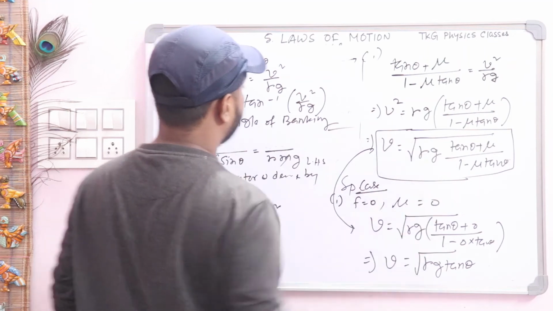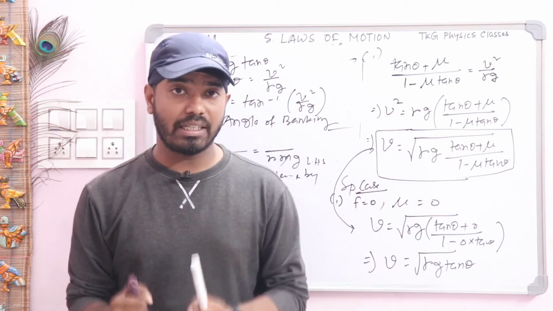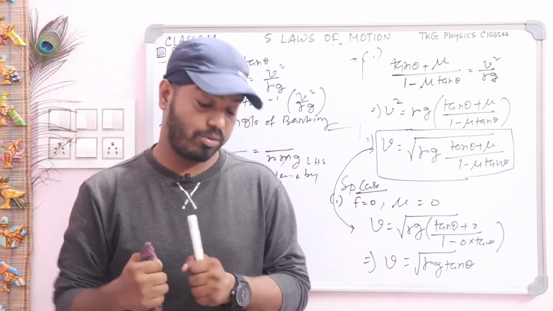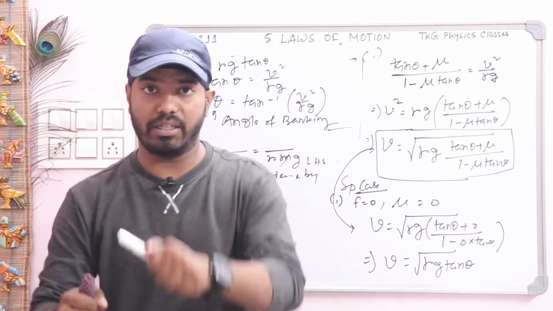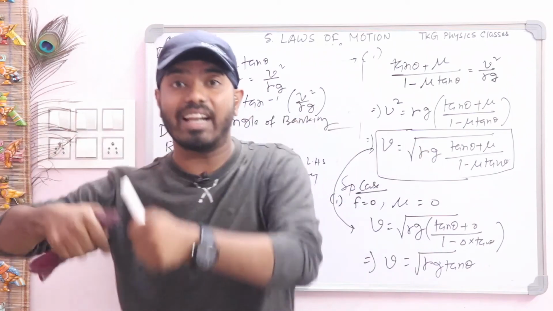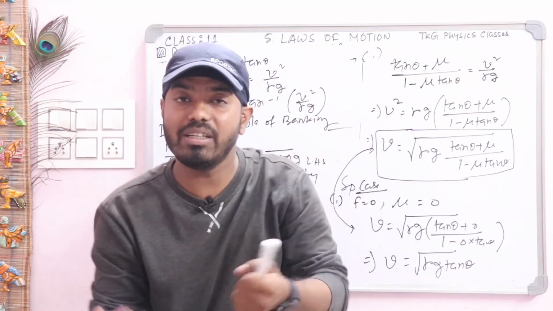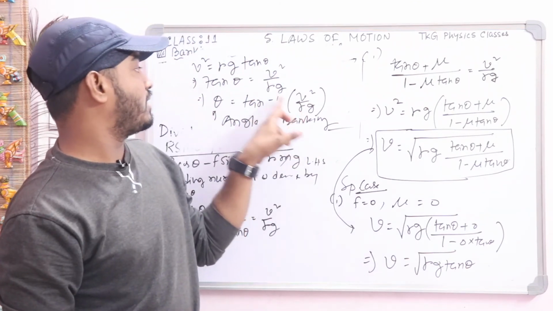Now imagine what happens when you are taking a turn and our speed is very high, and we are taking a circular turn. We don't take a sharp turn, we take a turn this way, we increase the radius of this circular path. Why do we increase the radius?